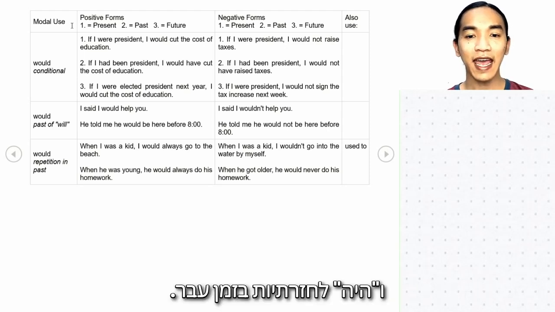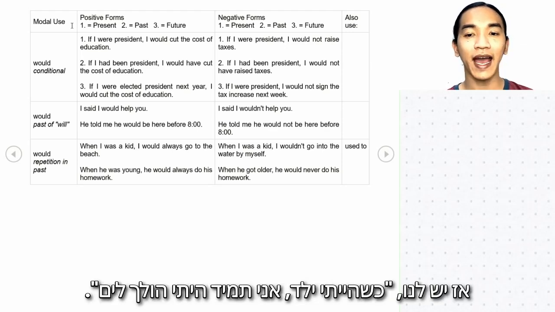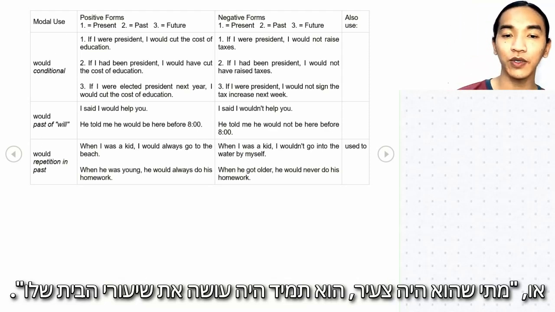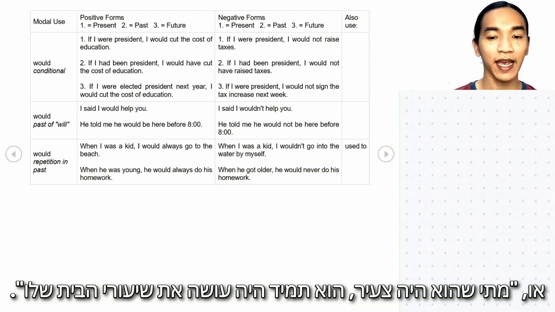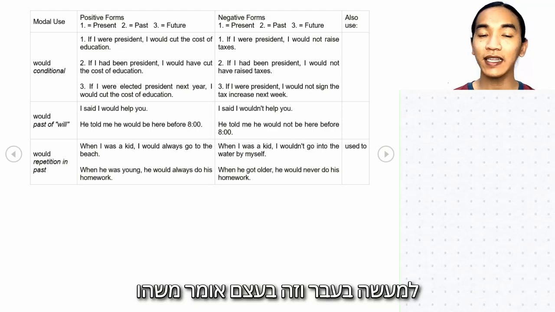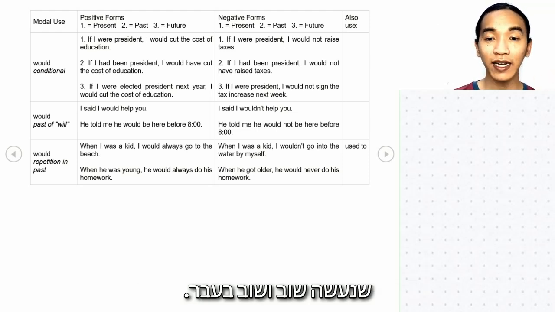Okay? And would for repetition in the past. So we have when I was a kid, I would always go to the beach. Or when he was young, he would always do his homework. Okay? So as you can see, all of this is actually in the past, and it tells something that was repeatedly done in the past.